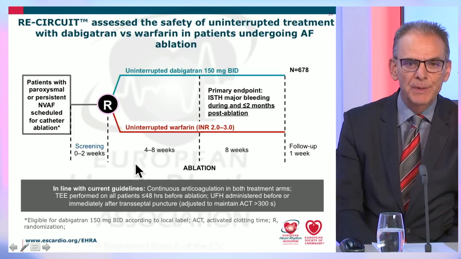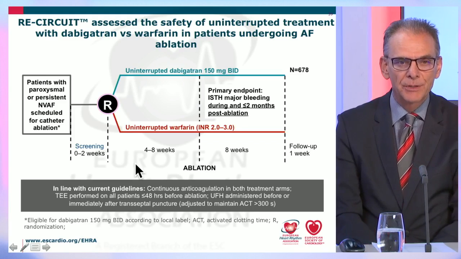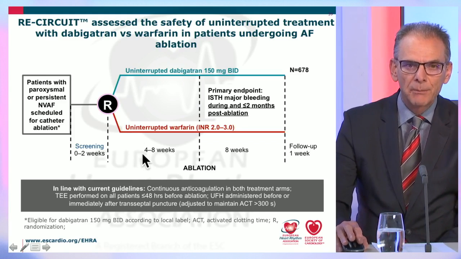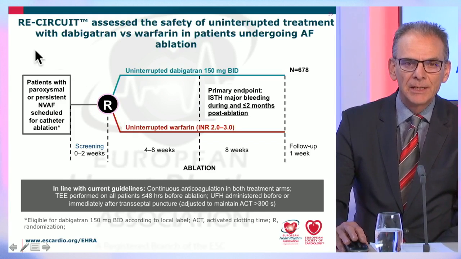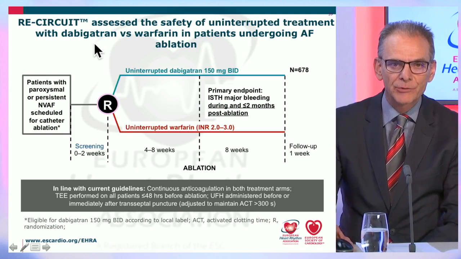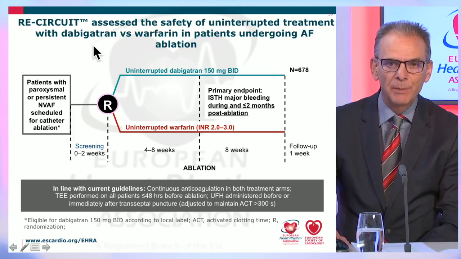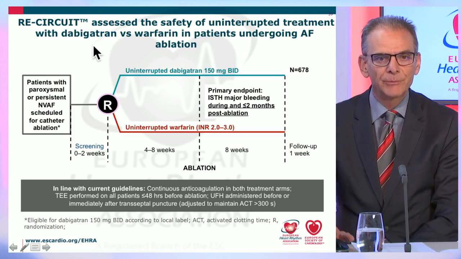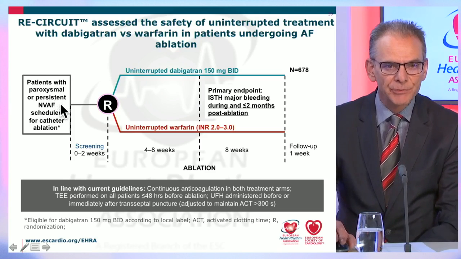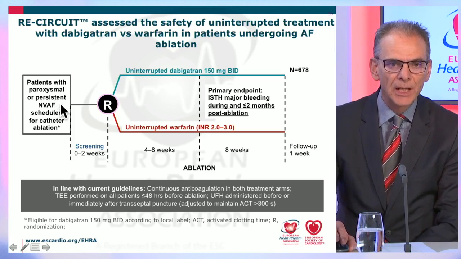This slide shows basically the key information on the design and the conduct of the RE-CIRCUIT trial, which was assessing the safety of uninterrupted treatment with dabigatran versus warfarin in patients undergoing AF ablation. As you can see, patients with either paroxysmal or persistent atrial fibrillation were eligible for the trial.